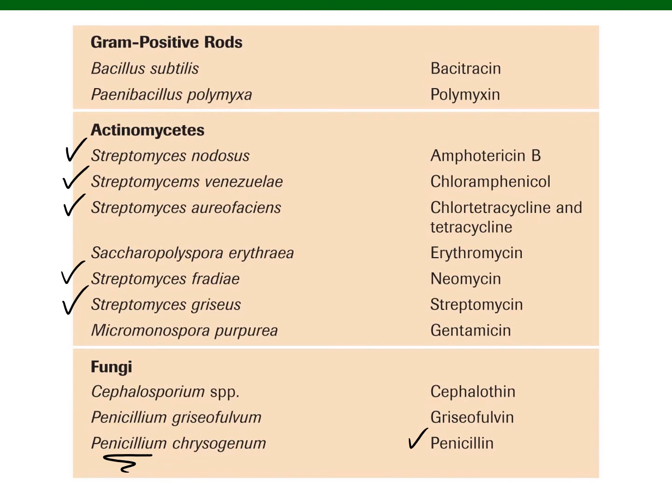So bacitracin and polymyxin and neomycin together are found in the antibiotic ointment that a lot of people have heard of called Neosporin. And this is used in topical applications to prevent infection in minor cuts and scrapes.